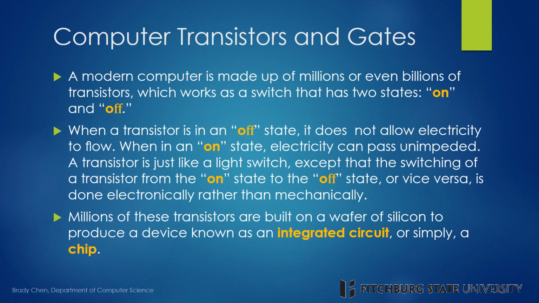Millions of these transistors are built on a wafer or silicon component to produce a device known as an integrated circuit, or sometimes we just call it a chip. A chip is so small, it is in a cell phone, in your smartphone, in your laptop. These chips are small, but very powerful because they have billions of transistors built in.